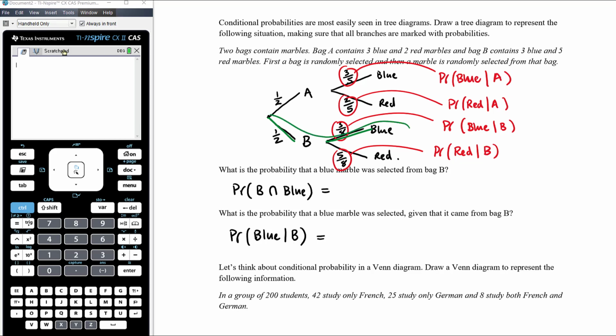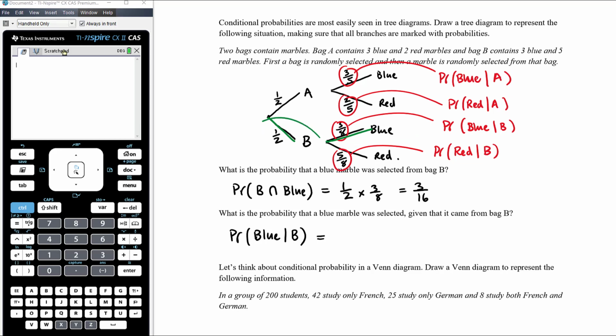It's this pathway. Okay, that's the first question. So the probability of choosing bag B and then choosing a blue marble is 1/2 times 3/8. Okay, so 3/16.